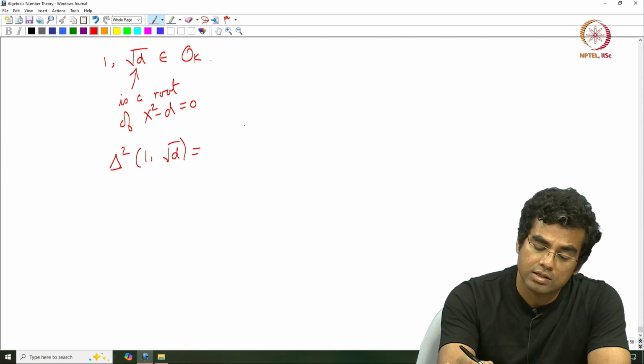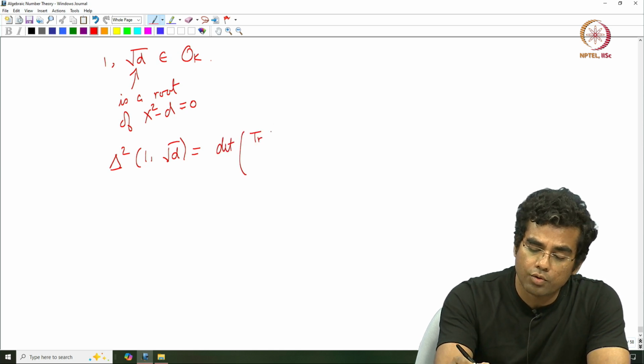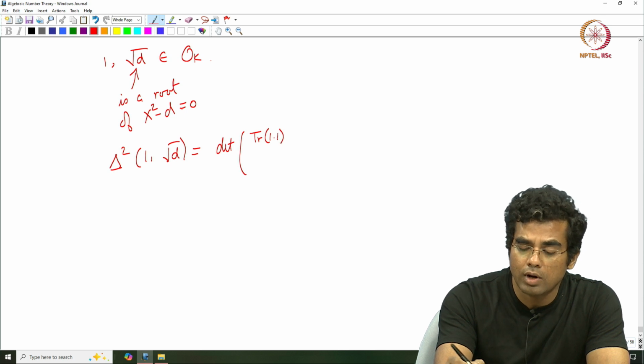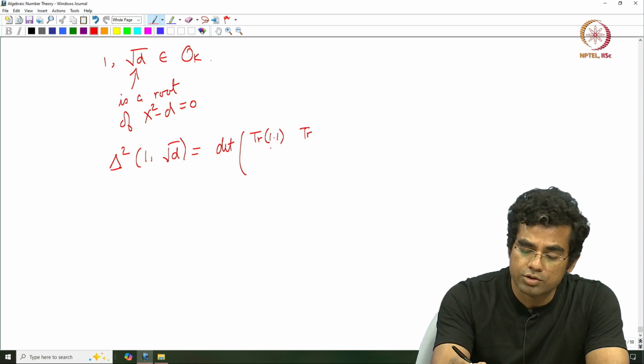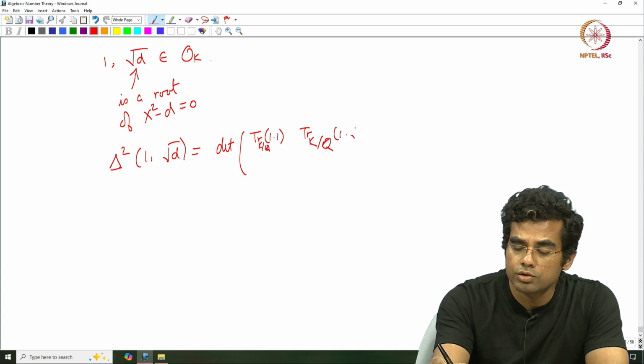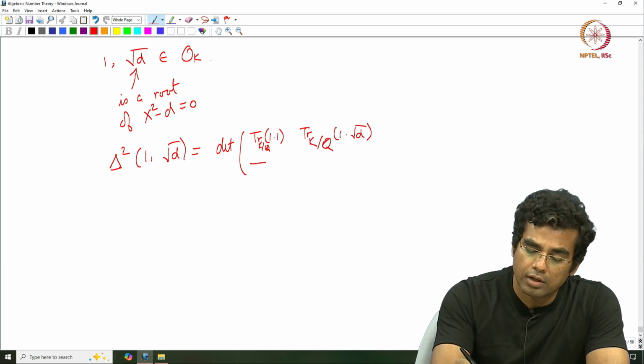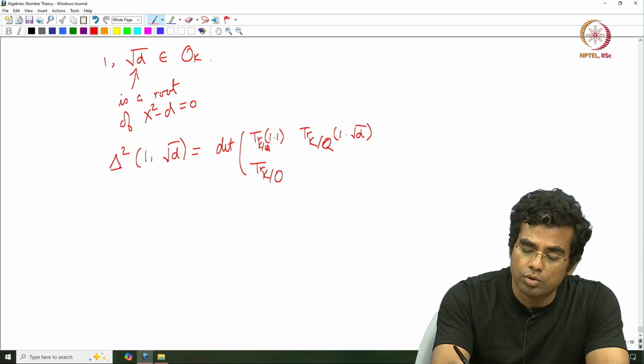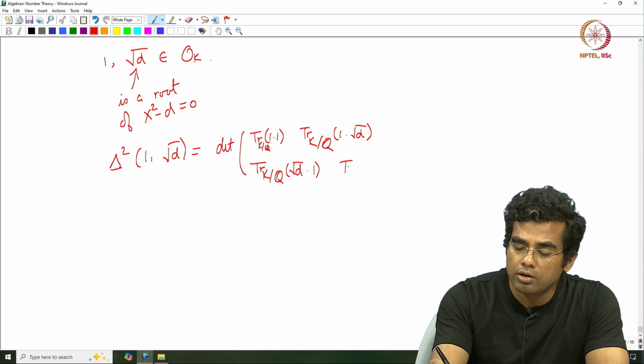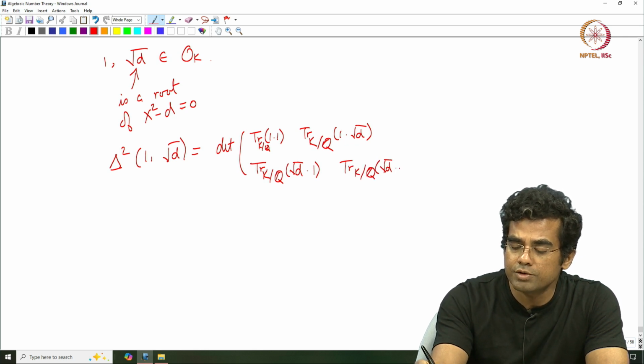So, what is this? This is the determinant of the matrix with entries trace of 1 times 1, trace of 1 times square root of d, trace of square root of d times 1, and trace of square root of d times square root of d. These are all traces from K to Q.